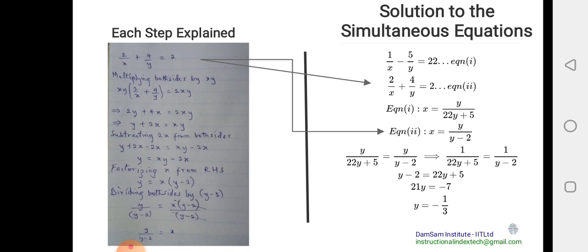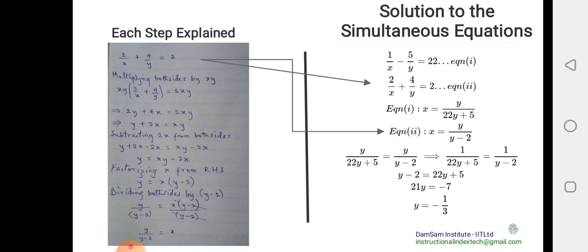The next thing we did is that we equate equation 1 and equation 2, as if we said x is equal to x, and we obtain y over 22y plus 5 is equal to y over y minus 2, which implies 1 over 22y plus 5 is equal to 1 over y minus 2.